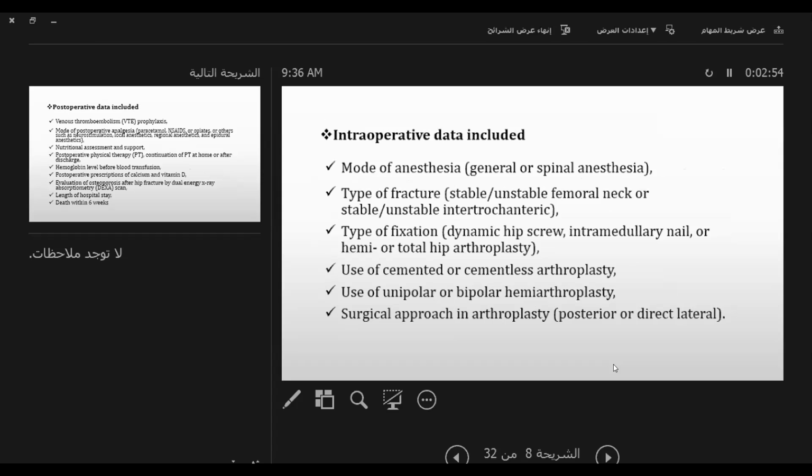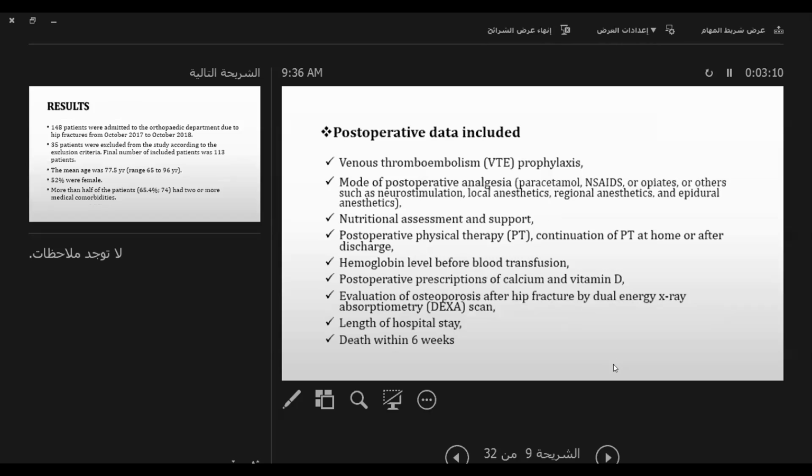The intraoperative data that we collected included mode of anesthesia, type of fracture, type of fixation, use of cemented or cementless arthroplasty, use of unipolar or bipolar head, and finally, the surgical approach in cases of arthroplasty.